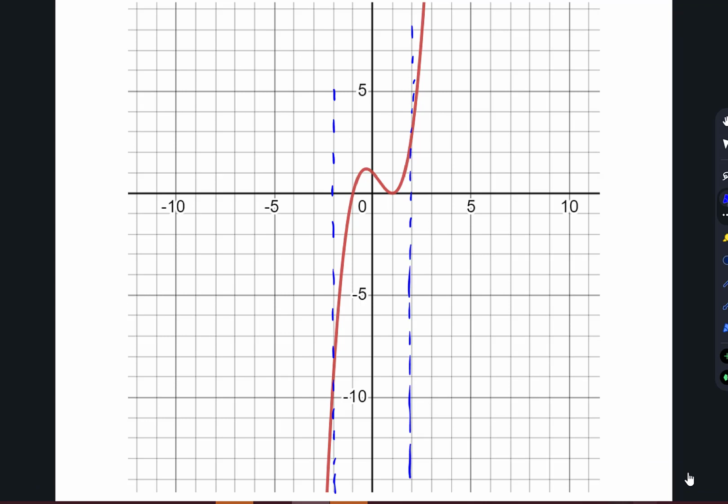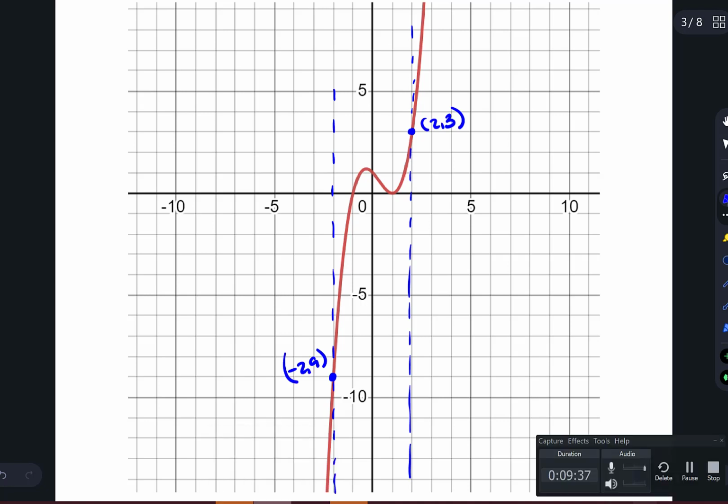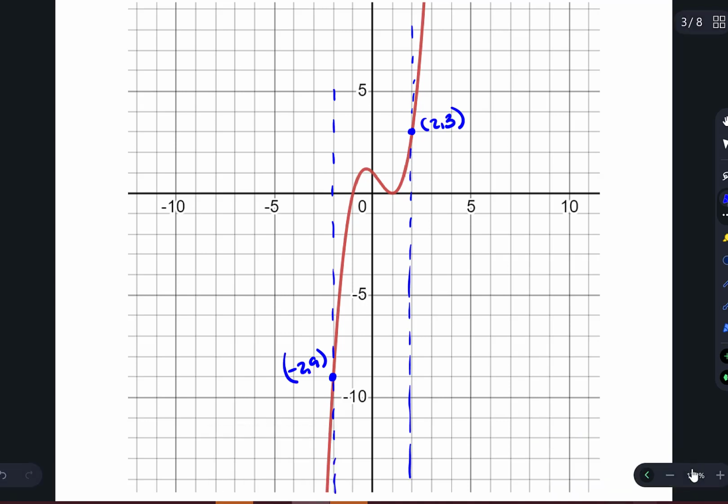So first of all, notice here that we cross the line x equals 2 at the point (2, 3), and we cross the vertical line x equals -2 at the point (-2, -9). Now, looking at the plot, it might be a little bit hard to see the 3 and the 9 and to know that that's exact.